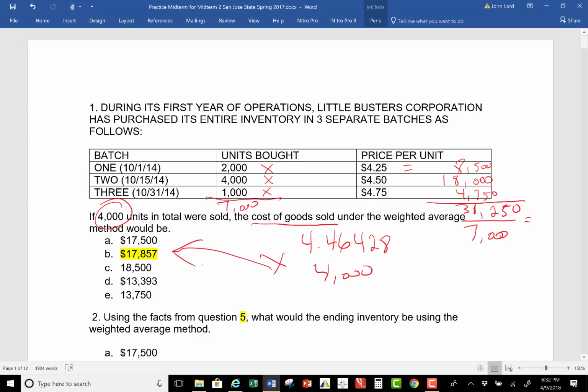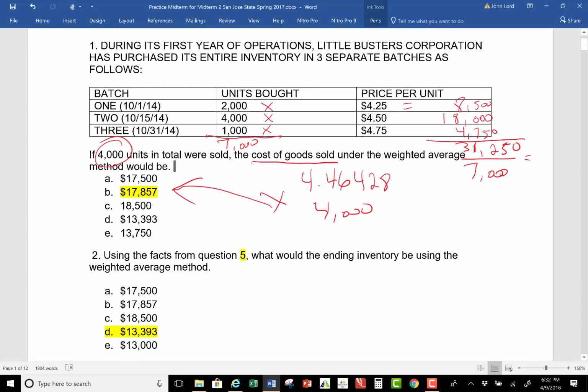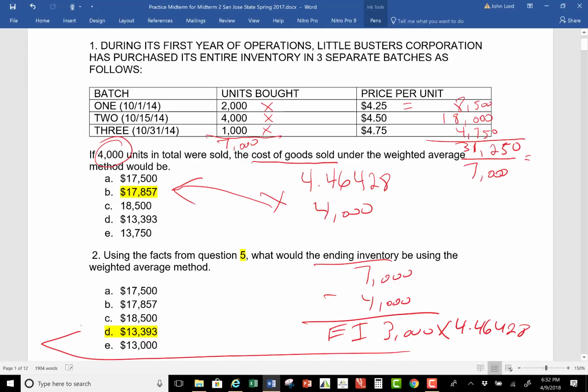Now, if I bought 7,000 units and I've sold 4,000, then my ending inventory, which is what they want here, must have 3,000 units in it. 3,000 times 4.46428 should give me something in the ballpark of this 13,393.